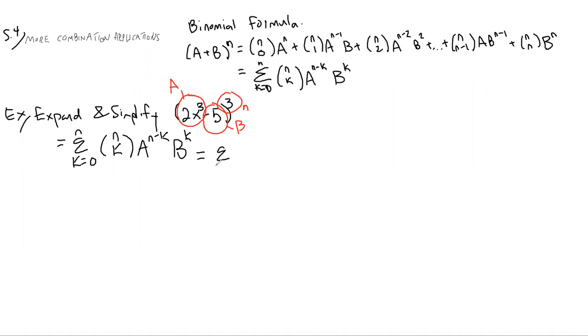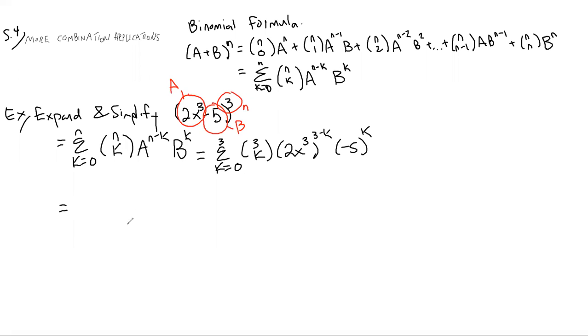So I'm going to have the sum from k equals 0 up to 3 of 3 choose k, and then 2x cubed to the 3 minus k, and then minus 5 to the k. And so same as before, what I'm going to do is just plug in 0, 1, 2, 3 and add them together.